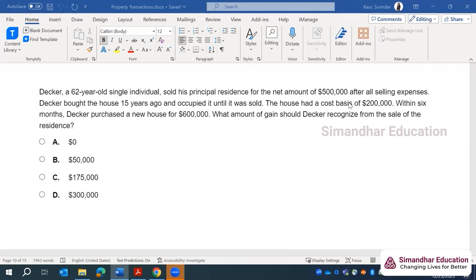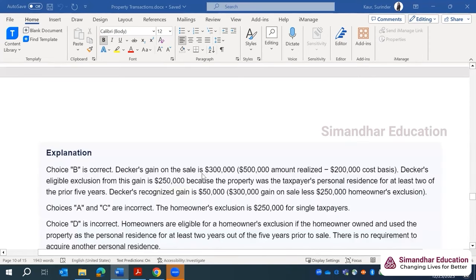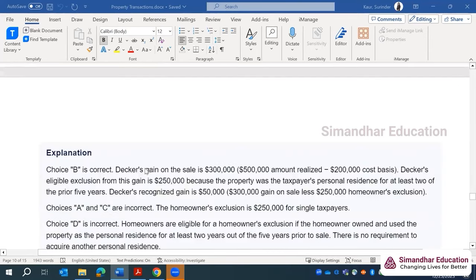So the cost of the house was $200,000. He is selling it for $500,000. There's a gain of $300,000. If he satisfied both the criteria, he can exclude up to $250,000. So $50,000 is the gain that he has to recognize. Okay, so B is the correct answer here.